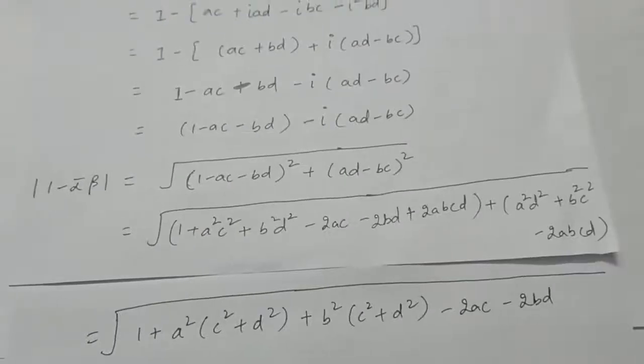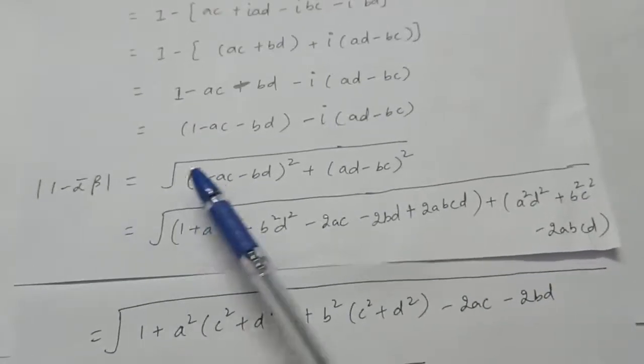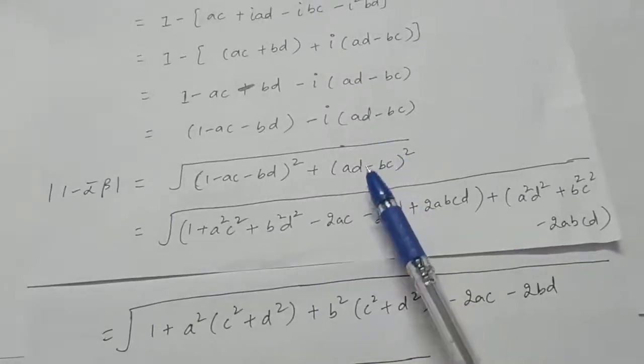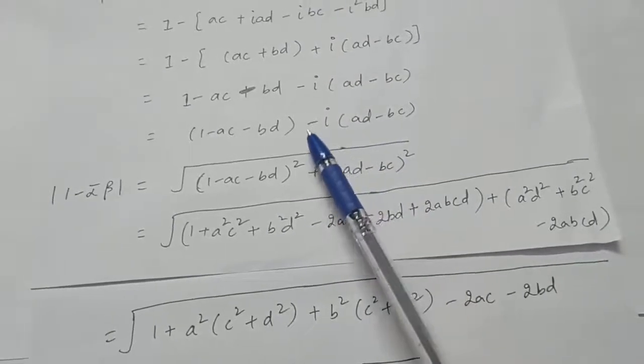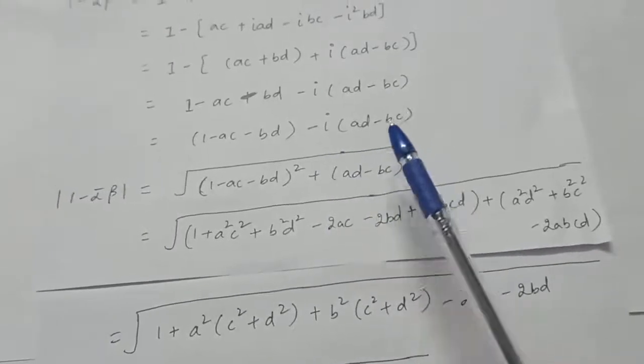Now the modulus of 1 minus alpha conjugate beta will be root of real part square plus imaginary part square. Remember, imaginary part is completely minus (ad minus bc), right?